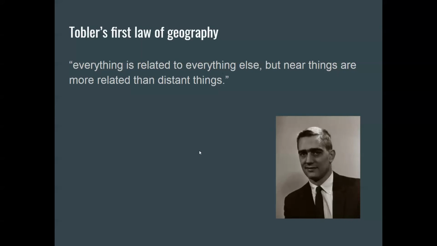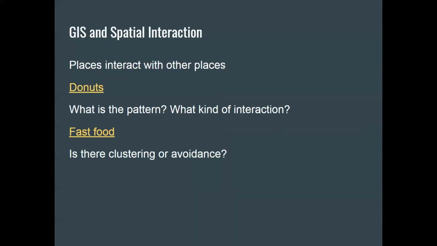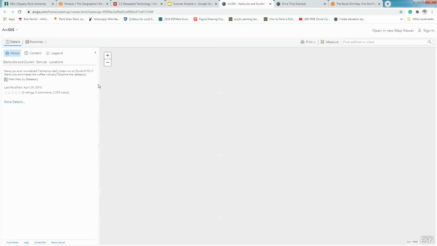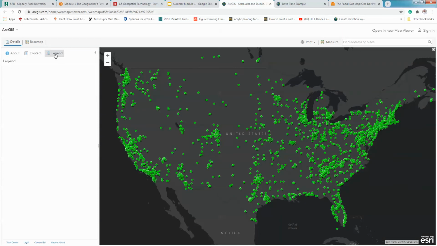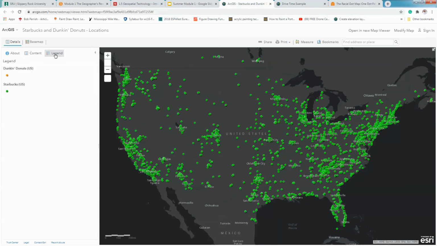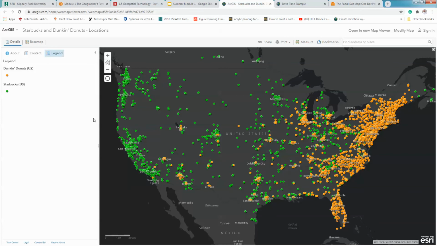Now, what this allows for then is what we call spatial analysis. And so that's where we get into this idea of the geographic information system. I'm going to just very quickly look at this idea of interaction. So if I'm going to click on this, this is an example of, we're going to look at quite simply donuts. Okay, so what you see here is Dunkin' Donuts versus Starbucks.